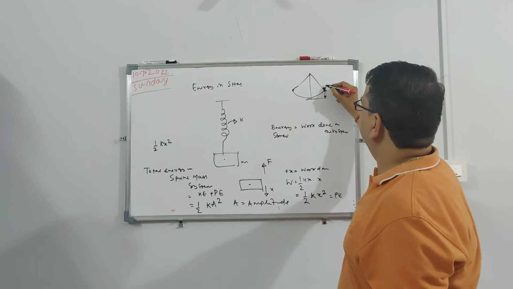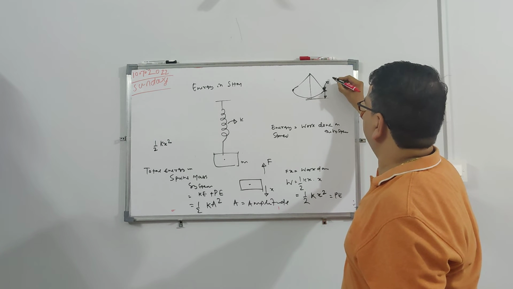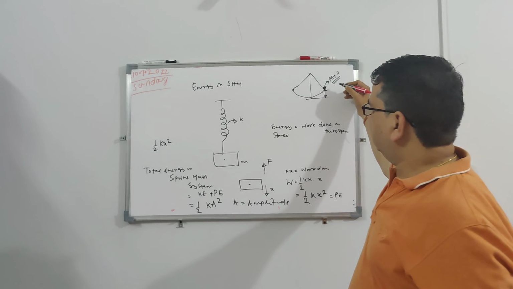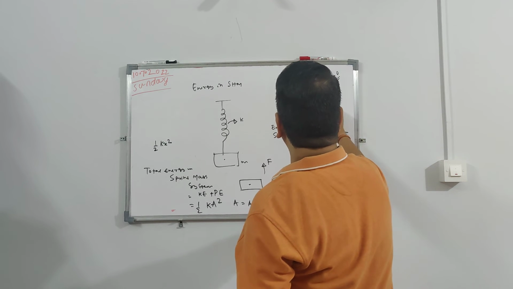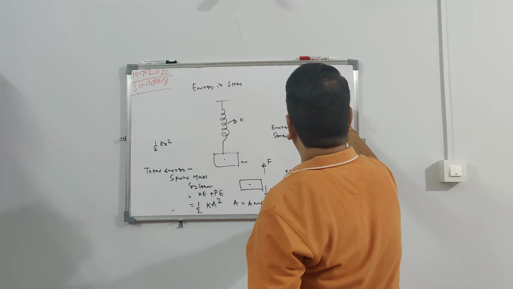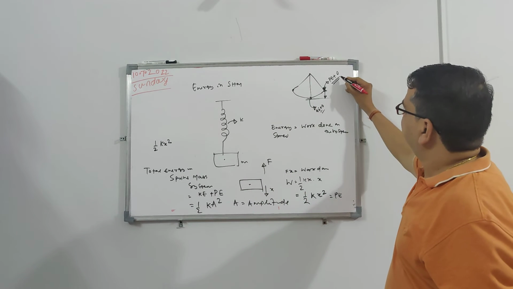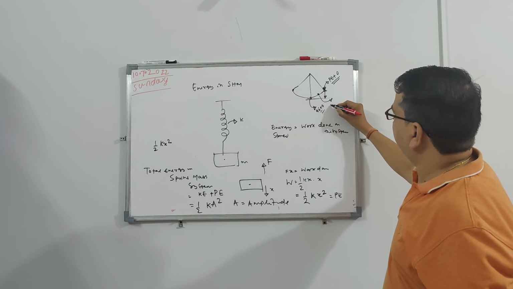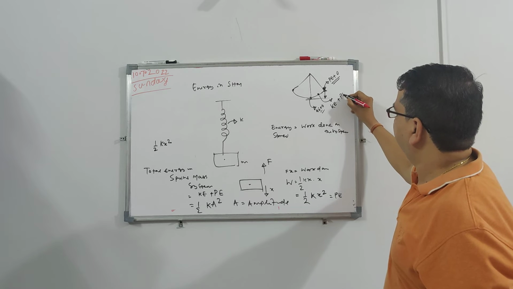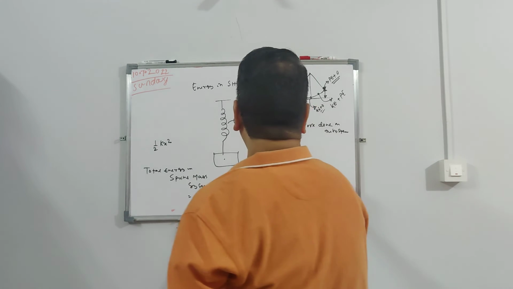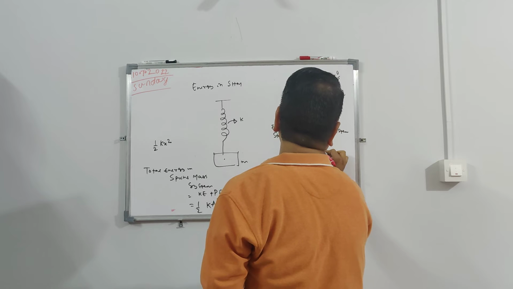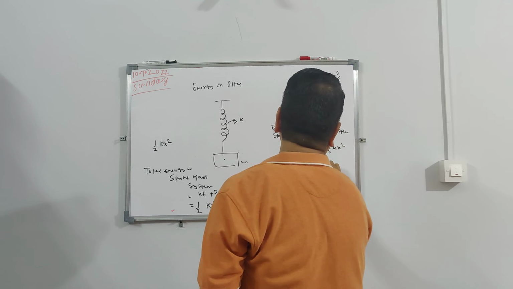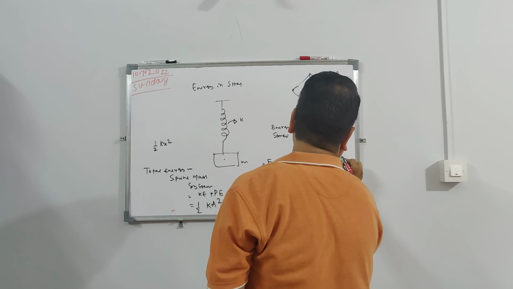So at this position, total energy is equal to PE plus 0. But at the mean position, it is KE plus 0. So this is the total energy. But in between, it is KE plus PE. You know your PE is always half kx square, and your total energy is equal to half kA square.